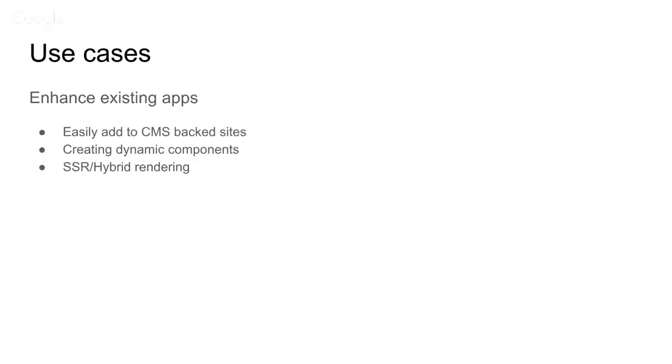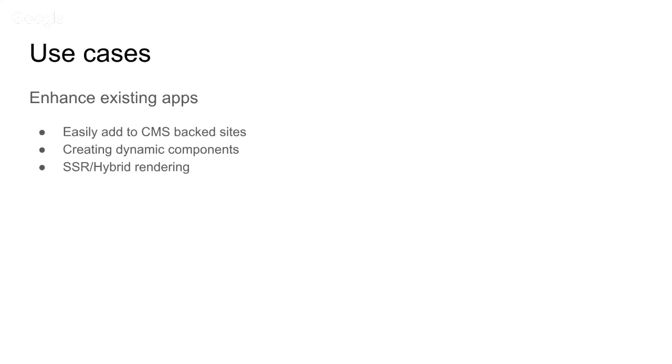So why would you want to use Angular elements is probably a good question to ask right now. The main thing they considered them for is easily adding complex functionality to CMS-backed sites. If you're using React not so much for single-page applications, but just as complex components, Angular elements would be a similar thing.